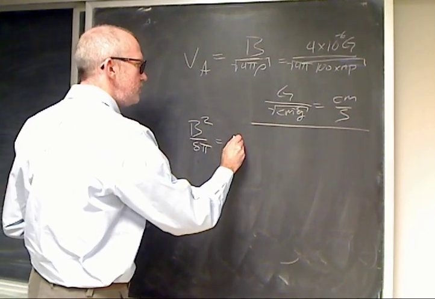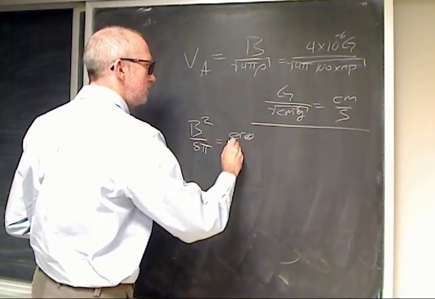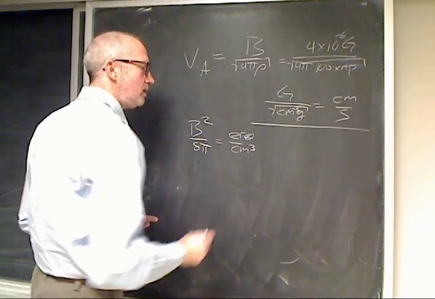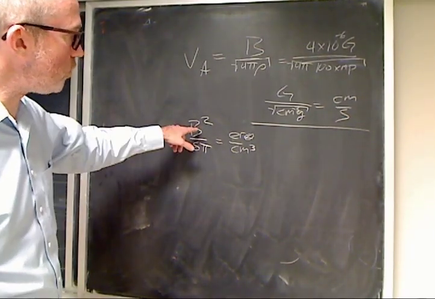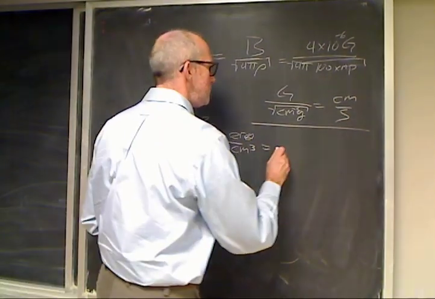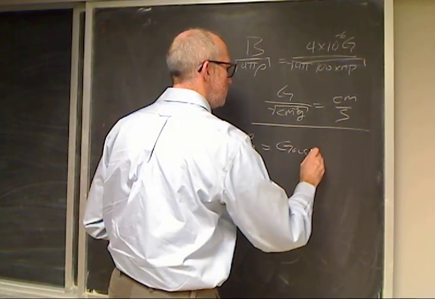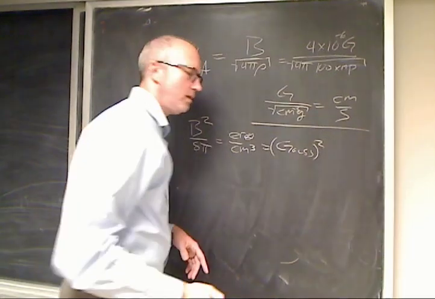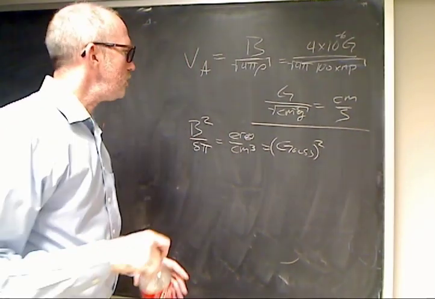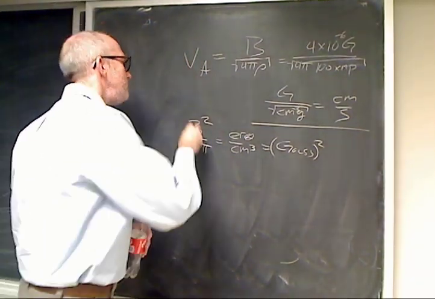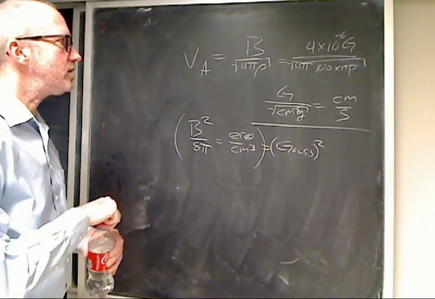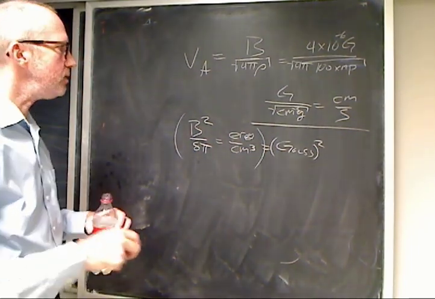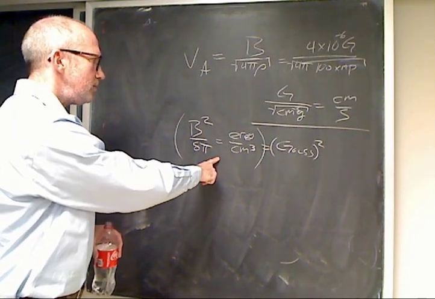Being an energy density, it is in ergs per cubic centimeter. So a gauss squared is an erg per cubic centimeter. Every time I need to think about the fundamental relationships between gauss and centimeters, I always go back to this equation because it's simplest.